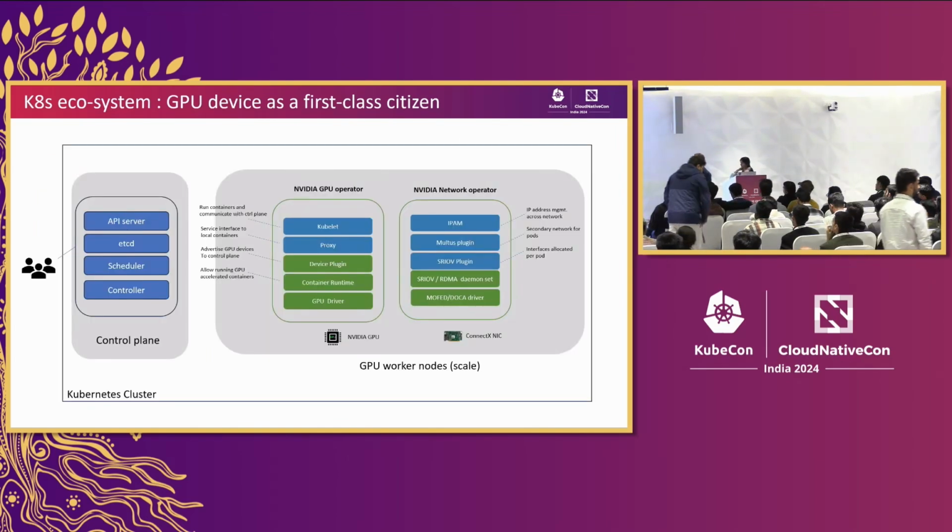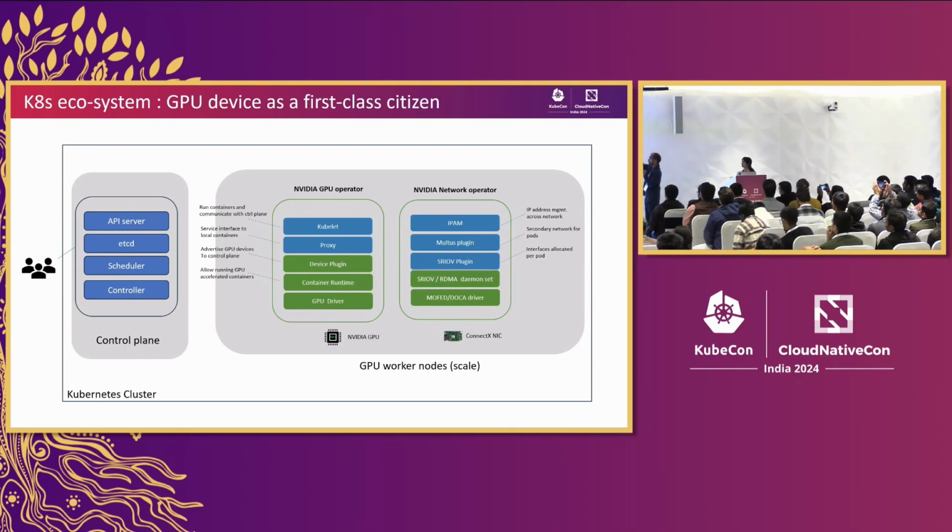Now, as I talked about, how do we make the GPUs, the non-native, specialized resources, an important and first-class citizen in the Kubernetes ecosystem? That is mostly developed using this operator framework. The operator framework is important because, how many of you have used GPUs or specialized resources in Kubernetes? You have to ensure that you install the right drivers, and the entire lifecycle management of the driver and the resources is not easy.